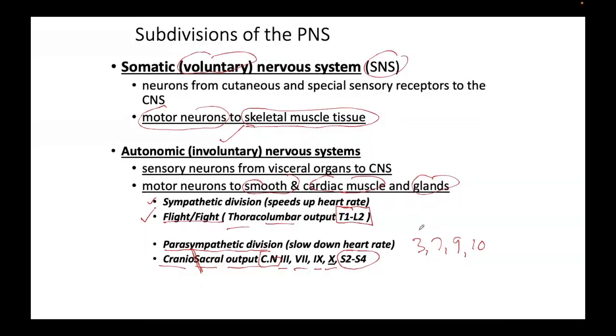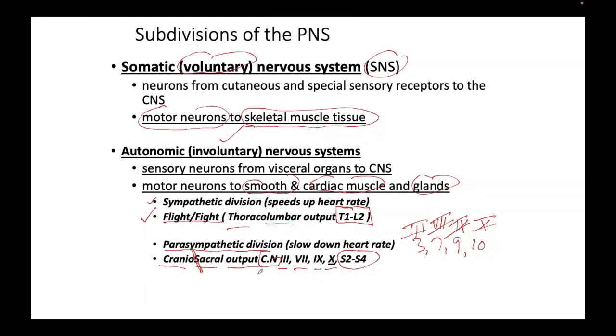And when we study cranial nerves, we'll know that cranial nerve 3 is called the oculomotor nerve, cranial nerve 7 is the facial nerve, cranial nerve 9 is called the glossopharyngeal nerve, and cranial nerve 10 is the vagal nerve or vagus nerve.